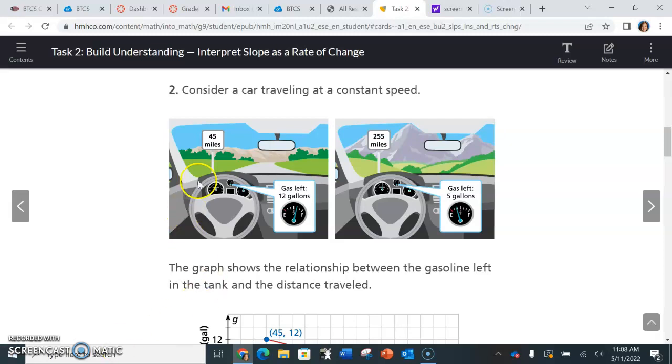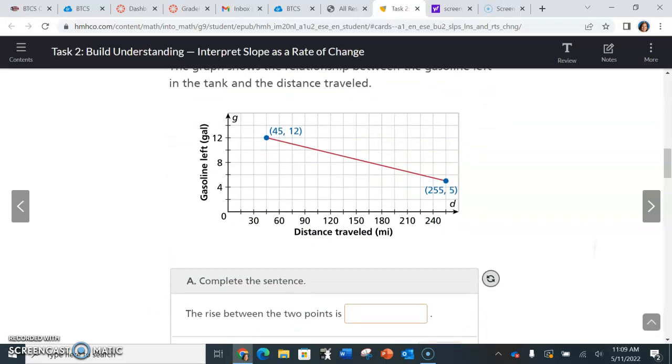Here you can see this one has 12 gallons of gas left, and it says 45 miles to their destination. Here it says they have 5 gallons of gas left, and it's 255 miles. The graph shows the relationship between the gasoline left in the tank and the distance traveled.